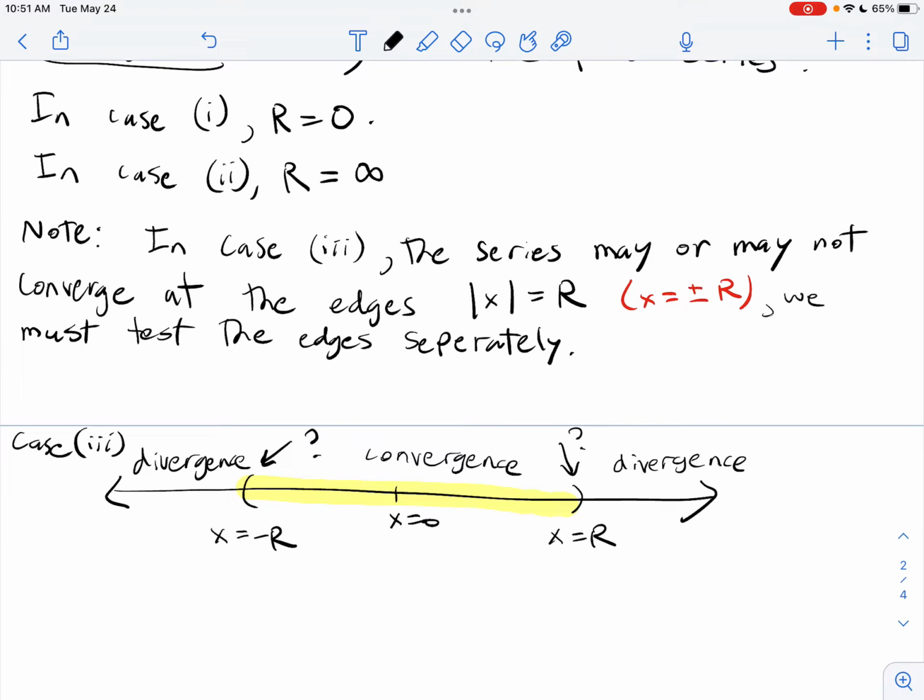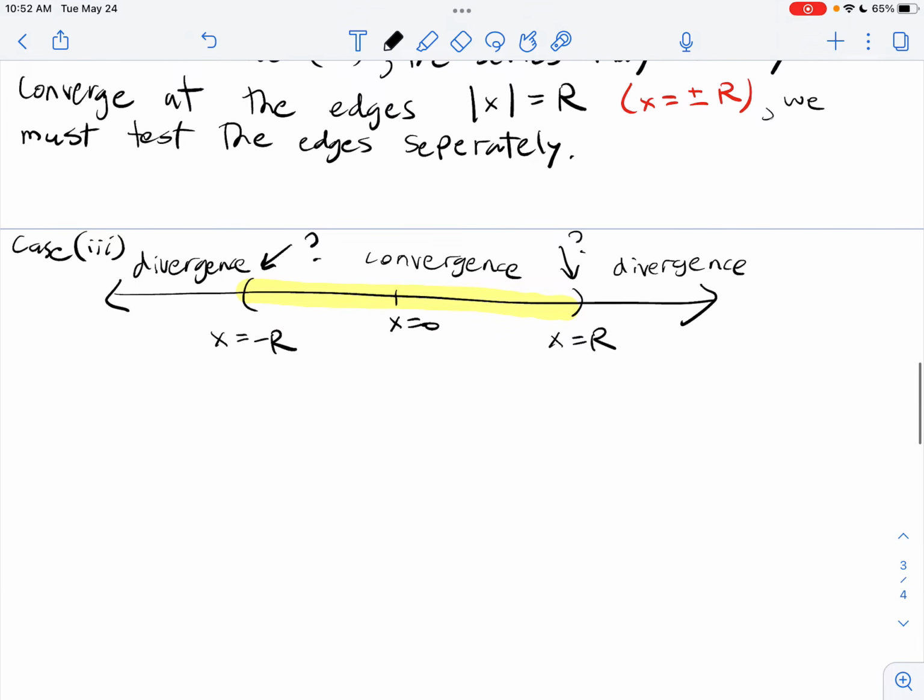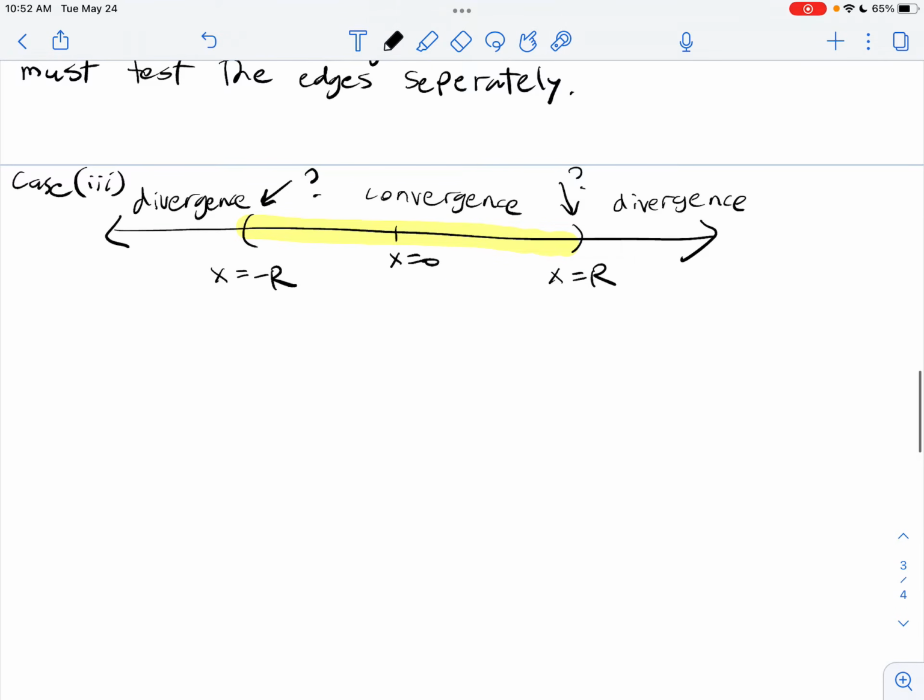Now, we learned a lot of tests in calculus, and we're not going to review all the tests here, but there is one test that I want us to review only because it's how we're going to determine the radius of convergence. So I want you guys to recall the most important test regarding power series is the ratio test.